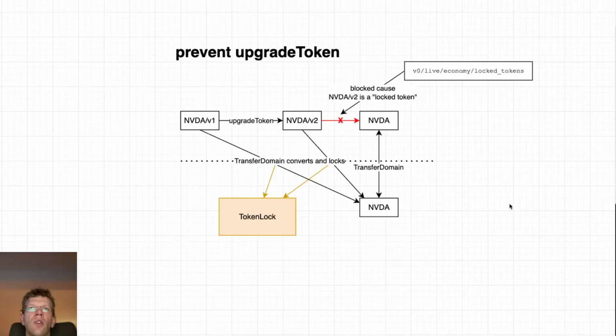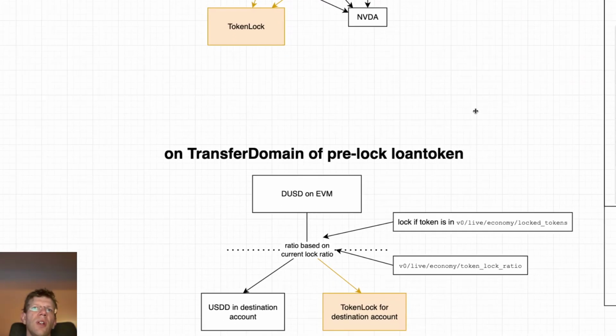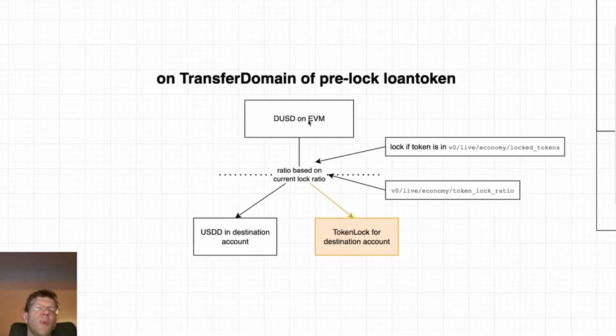And I now mixed it already a bit with the lock on the move, which is basically if you get an old token, so the DUSD, or in the other case the V2, the DUSD, I think it actually will be called DUSD V1 now.